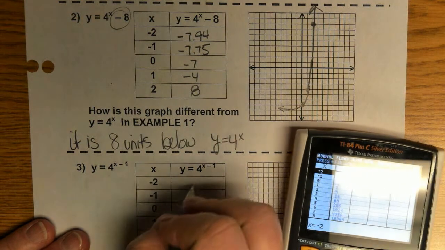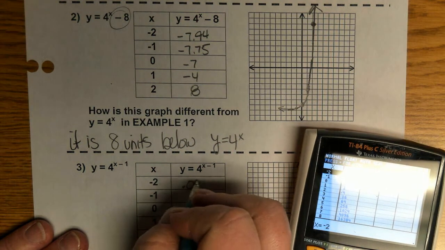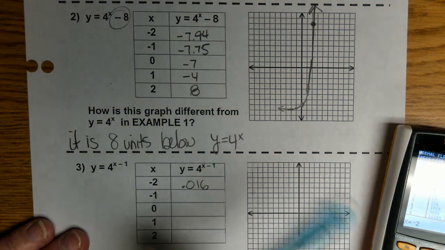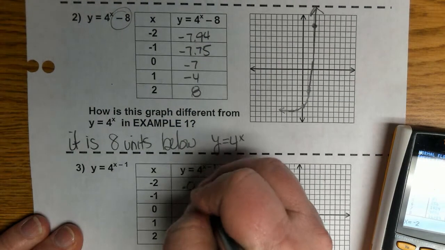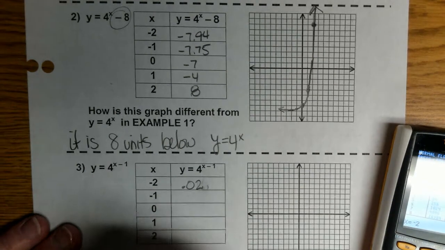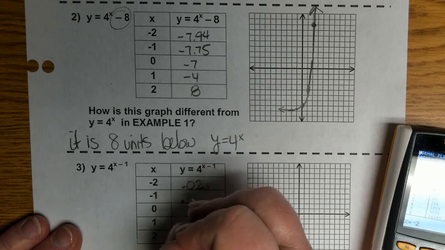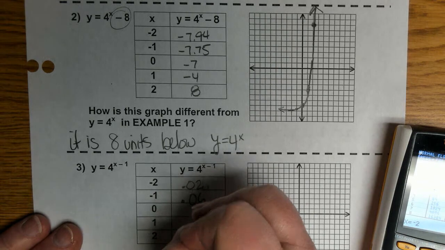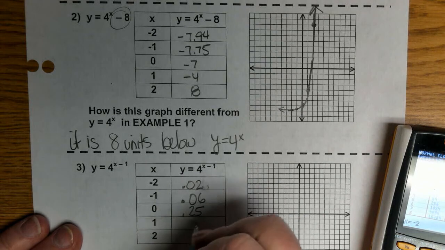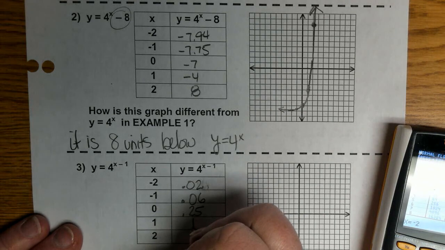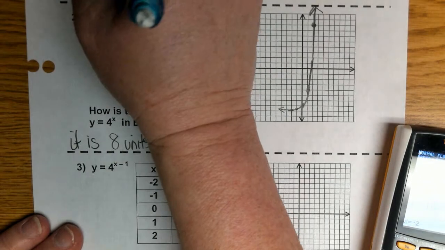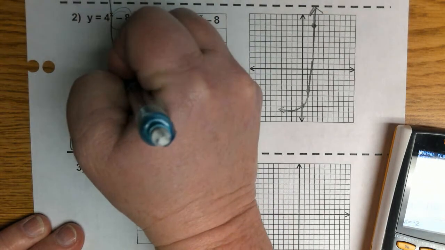Negative 2 is 0.016, or 0.02 is what we would round that off to if we have our calculator set on mode 2. Then we've got 0.06, then 0.25, 1 is 1, and 2 is 4. The easiest place to see these differences is when you have whole numbers.